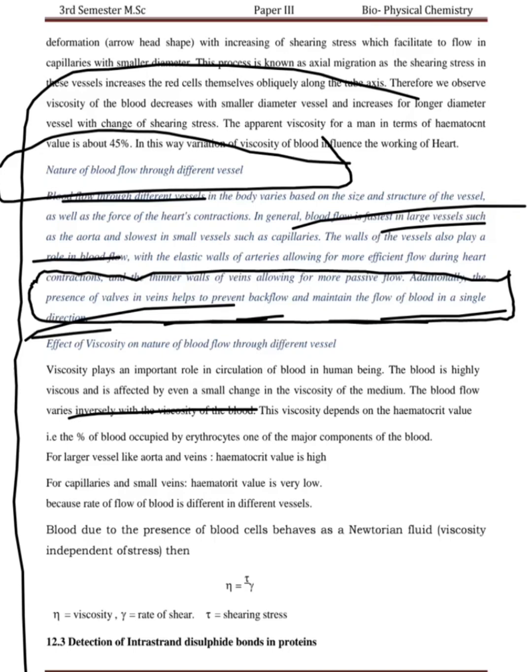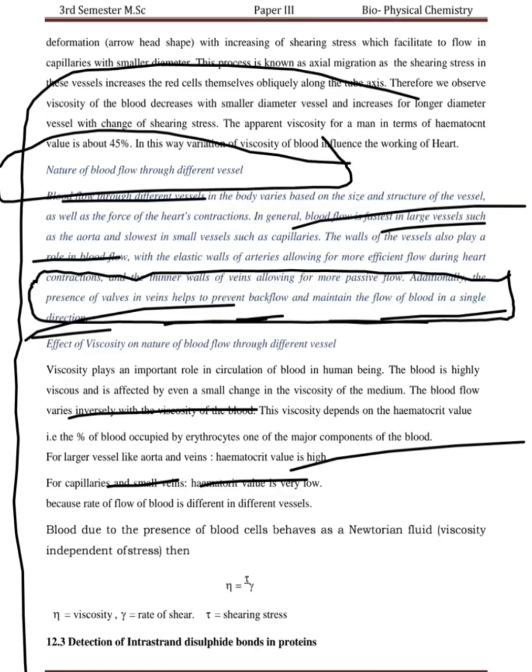So the percentage of blood occupied by the erythrocytes, one of the major components of the blood. For larger vessels like the aorta and large veins, the hematocrit value is high.